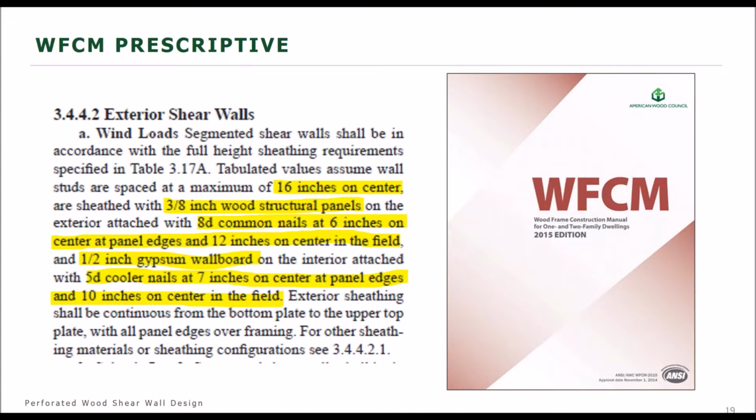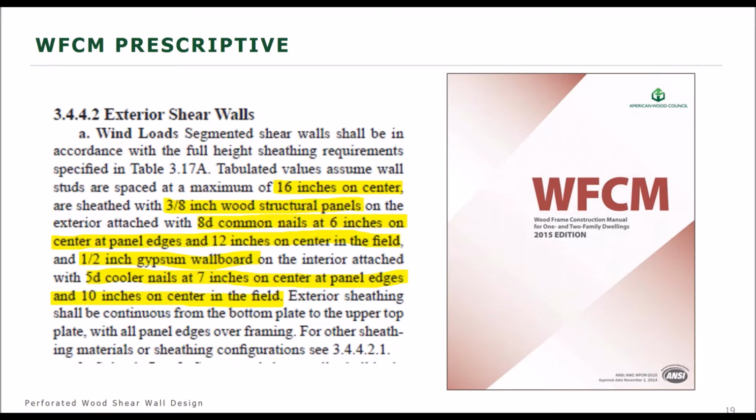There is a requirement that all sheathing edges be supported, so we need a blocked exterior side for the panels. For the fastenings, we assume 8d common nails with a 6-inch on center spacing at the panel edge and a 12-inch on center spacing in the field.